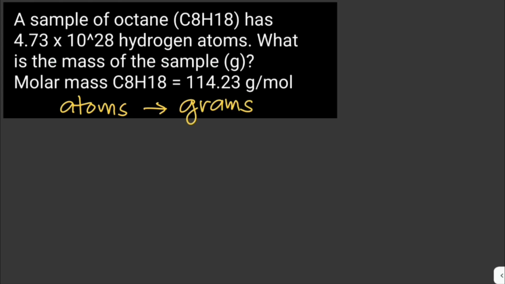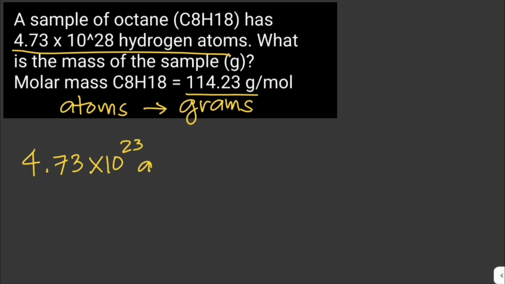Alright, now to solve this, we start with the given values. So we're given here the number of atoms of hydrogen and the molar mass of octane. So we start with the number of atoms of hydrogen, which is 4.73 times 10 to the 23rd atoms of hydrogen.